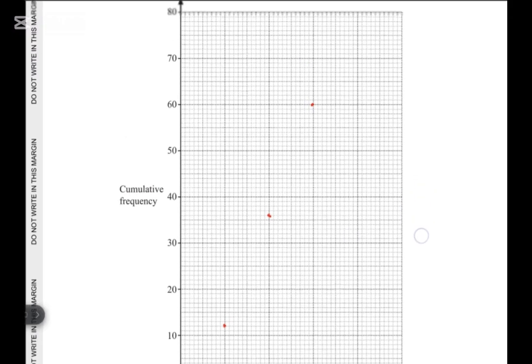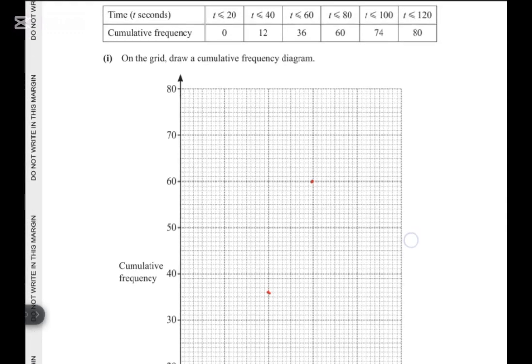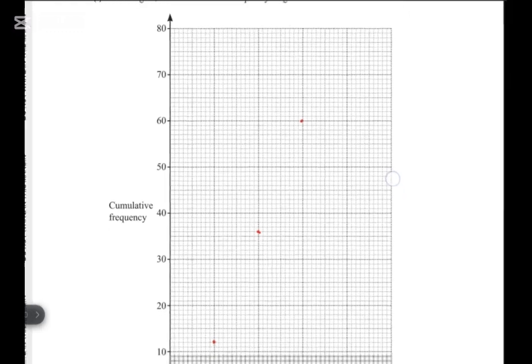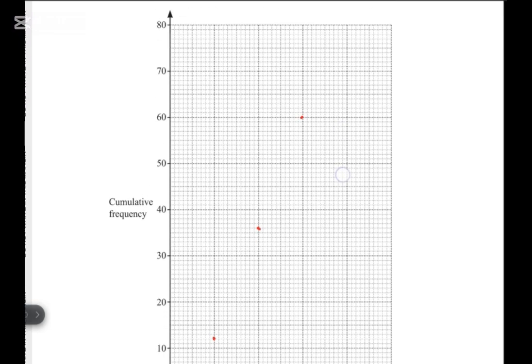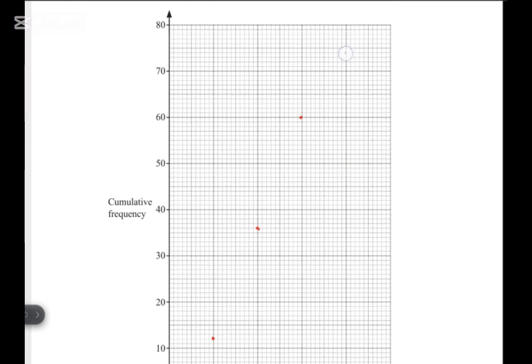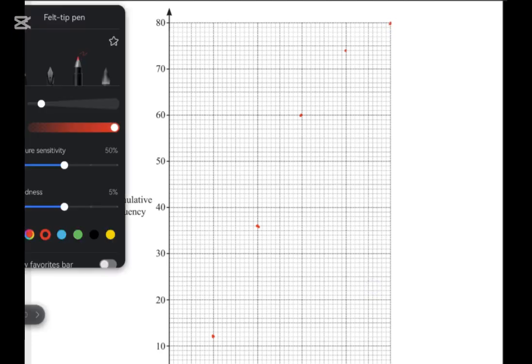Then next is 100, 74, and 74 will be after 70, 4 boxes, and then 120, 80. Now join these dots and draw a curve.